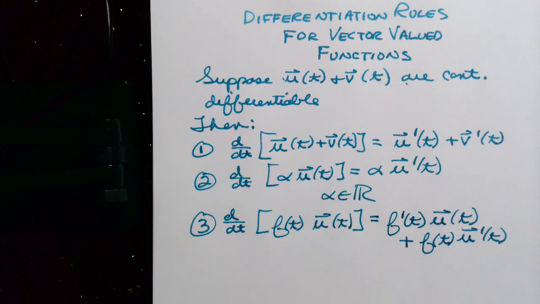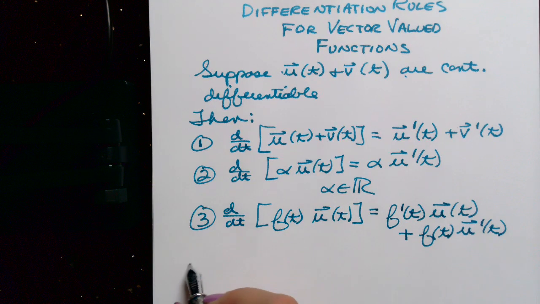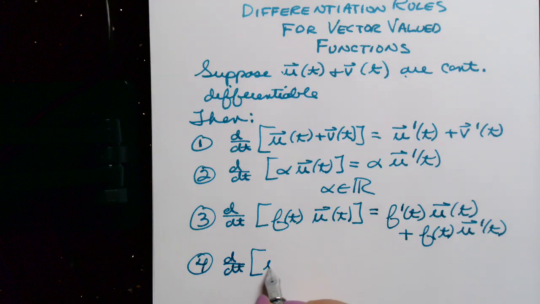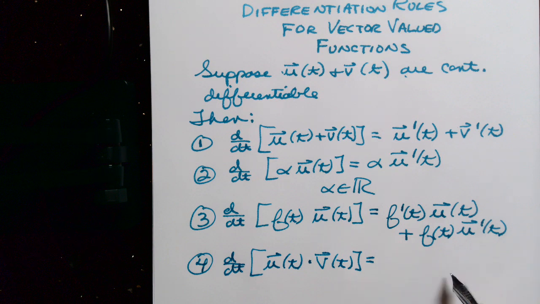I'll show you the proof of that one later, but for right now, I'm just going to finish stating the rules. Suppose you want to take the derivative of the dot product of these two vector valued functions, u and v. Remember that the dot product gives me a scalar, so the right-hand side better also give me a scalar.